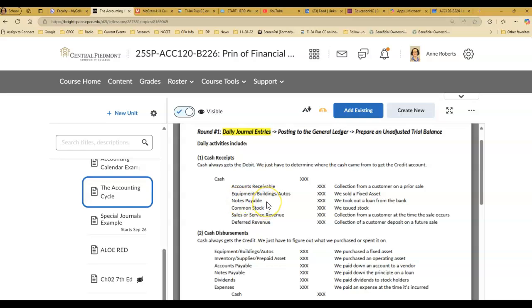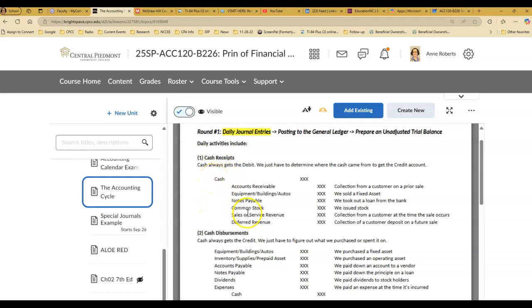Notes payable. We took out a loan from the bank. Okay? We have to determine whether it's long-term or short-term, right? Common stock. We issued stock. Collected cash from the stockholders. For the first time, we issued stock. Sales and service revenue. Now we're over in chapter 3. We made a sale and collected cash at the same time.